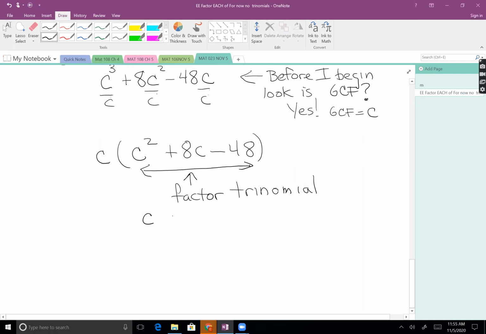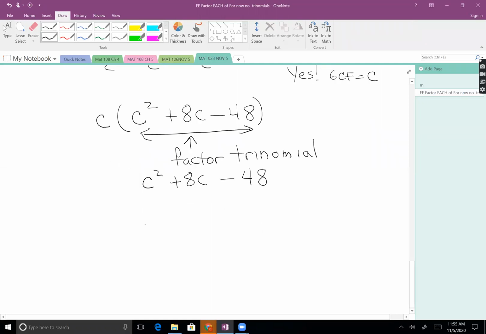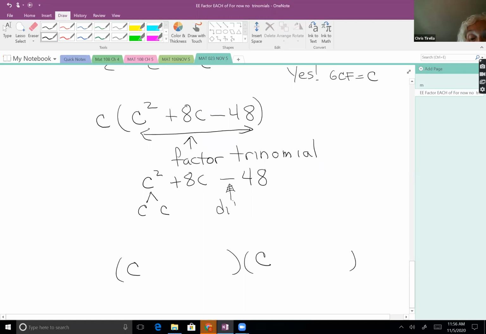So I've got C squared, pardon me, plus 8C minus 48. C squared is going to be C times C. Because that's negative, is everybody all right? That's telling me that I'm going to have different signs. So one's going to be a plus and one's going to be a minus.